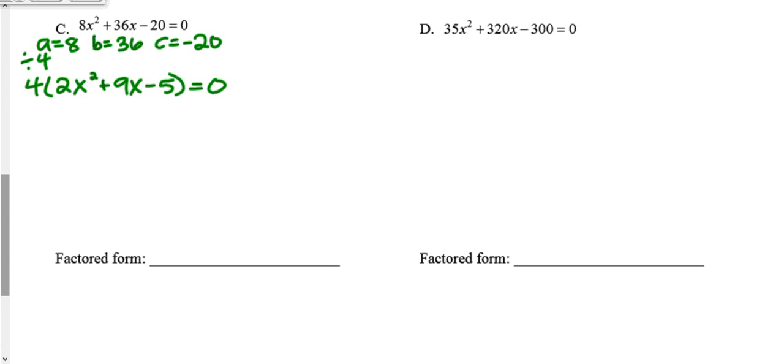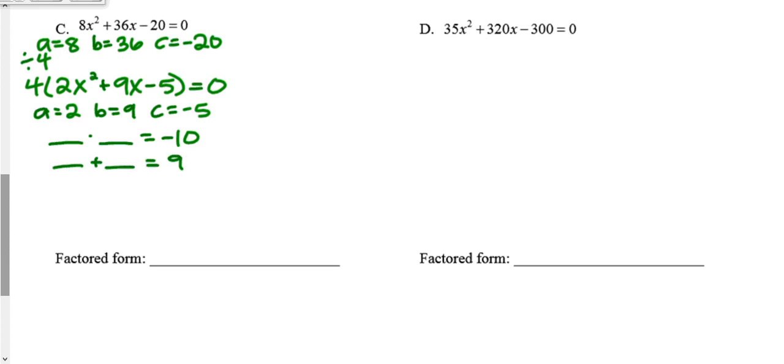My new A, B, and C: A is 2, B is 9, C is -5. So I'm going to look for two numbers that multiply to A times C, which would be -10, and also add to the B value, which is 9. So numbers that multiply to -10 and add to 9, those numbers would be 10 and -1.